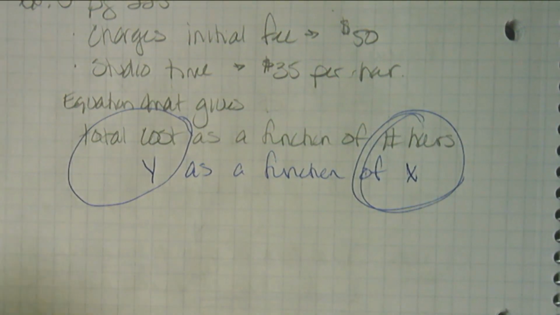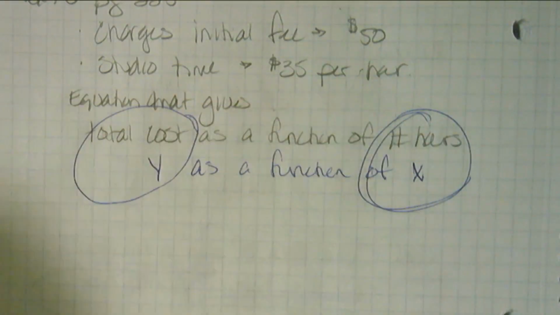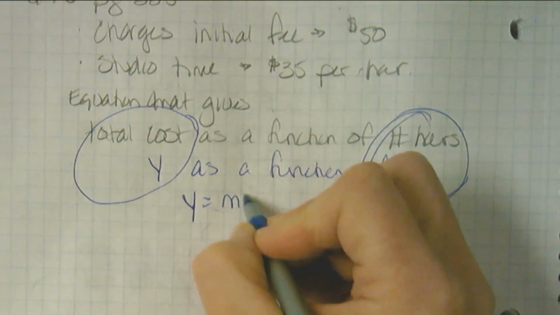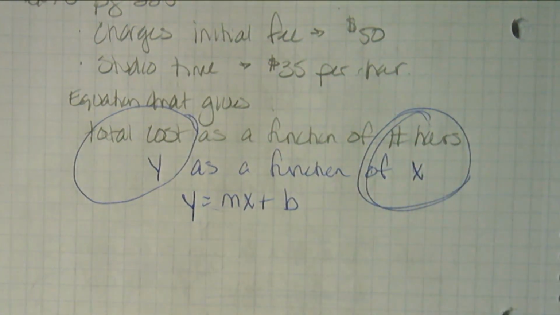So now, because I know it's y as a function of x, I am going to use slope-intercept form. That's an automatic indication. Now, not all slope-intercept problems are going to say that, but when you see that, you're like, sweet, now I know it's slope-intercept form. All right, so let's go back up and identify the things we have.